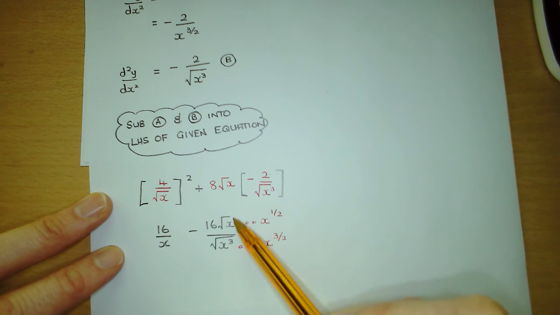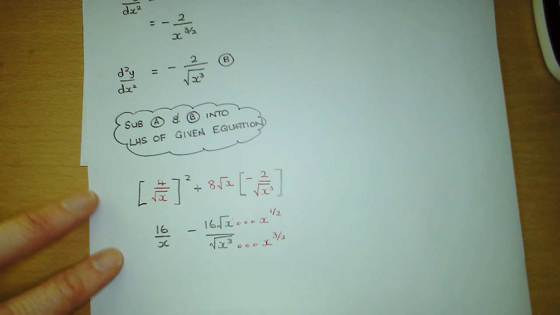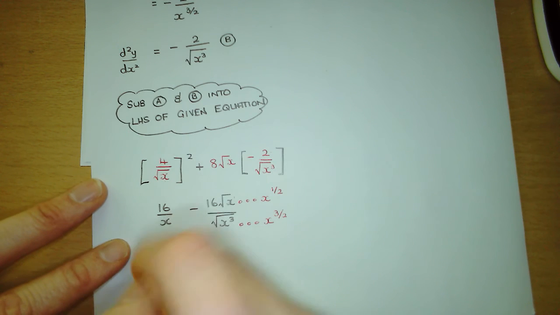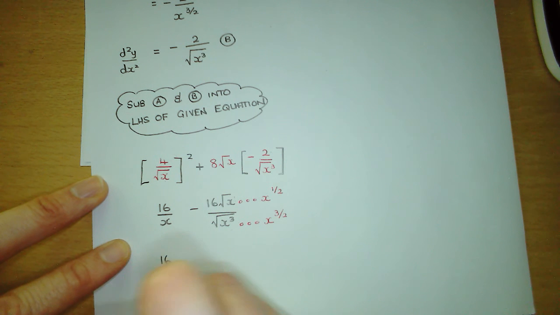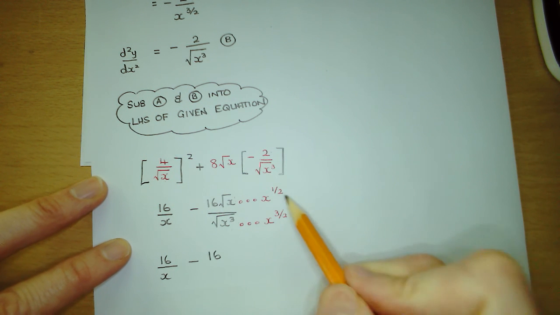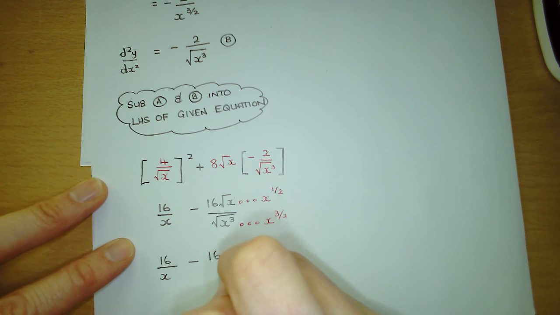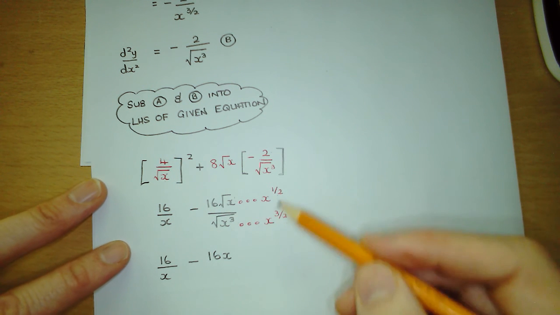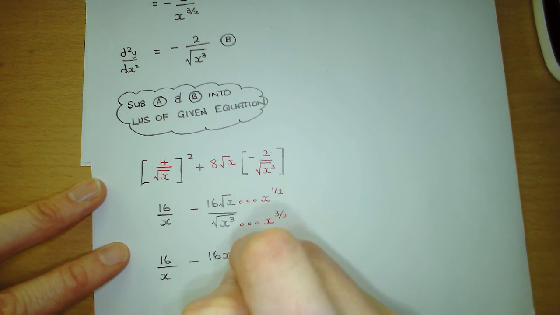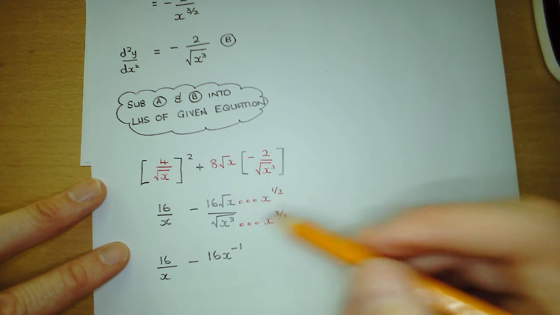So we're dividing with two indices with the same base, so we're subtracting their powers. X to the power of a half minus x to the power of 3 over 2 is going to give us x to the power of minus 1. A half minus 3 over 2 gives you minus 1.